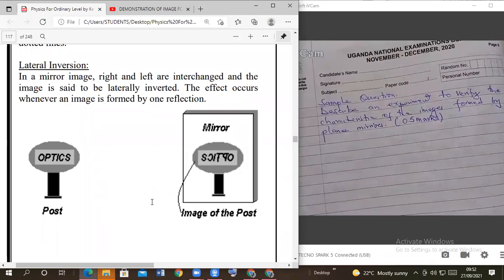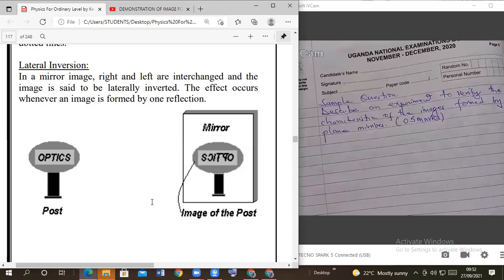The second is that the image distance is equal to the object distance. The size of the image is equal to the size of the object. Those are the things we have verified, not so?